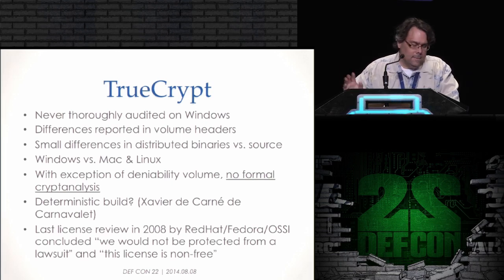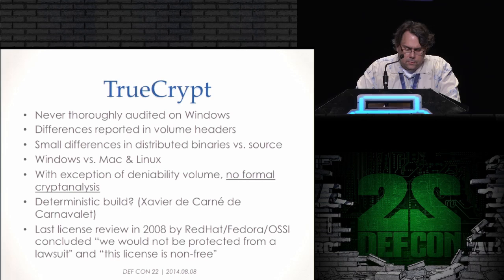But if you cut through all that, it turns out that at least through last fall, there had never been a formal cryptanalysis on TrueCrypt. And so people are relying on it, in some cases dissidents and activists, with huge stakes riding on this.